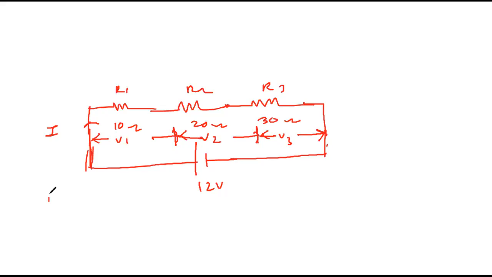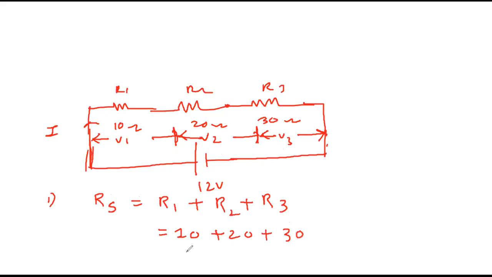But before that, series resistance. RS is R1 plus R2 plus R3. So 10 plus 20 plus 30 equals 60 ohm. So resistance in series is 60 ohms. Now to get voltage across all, first find current.